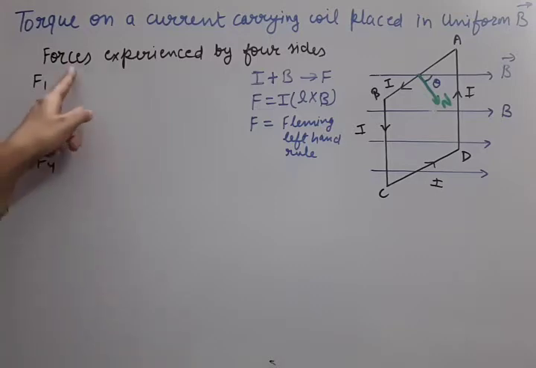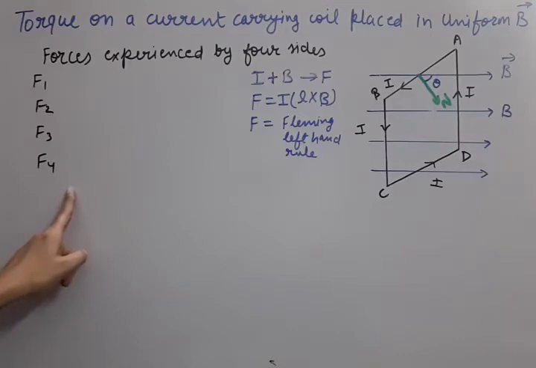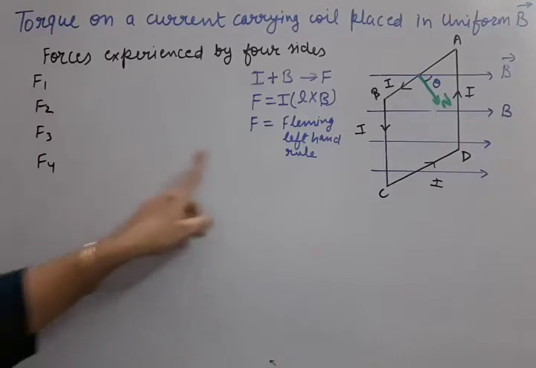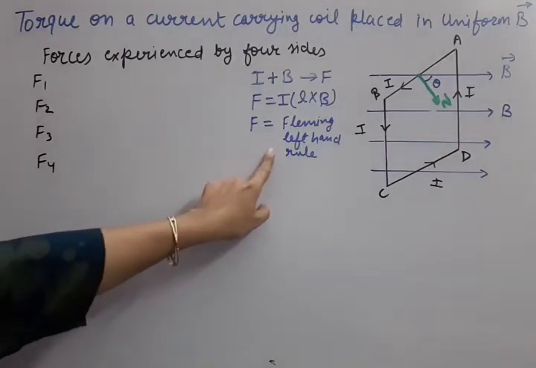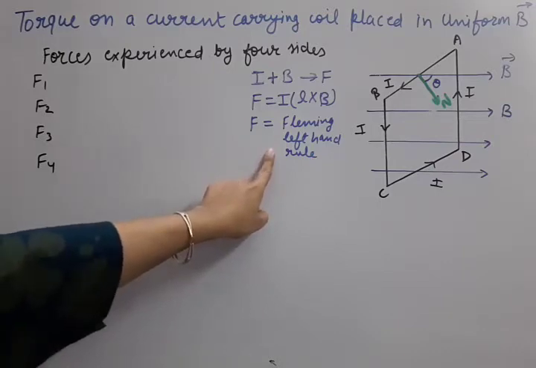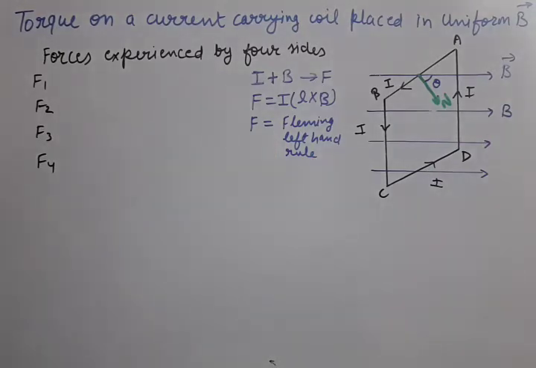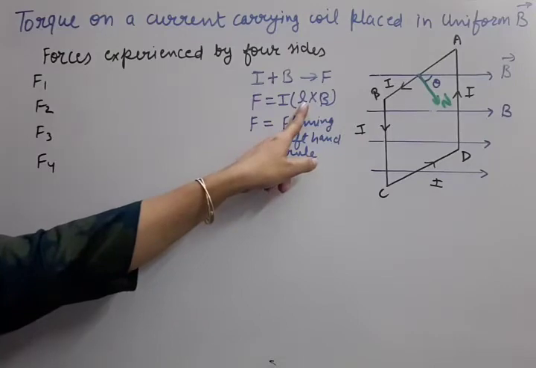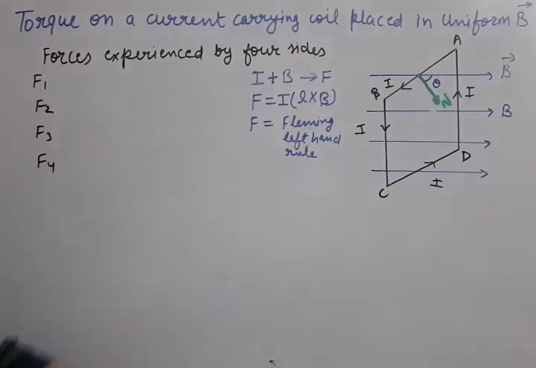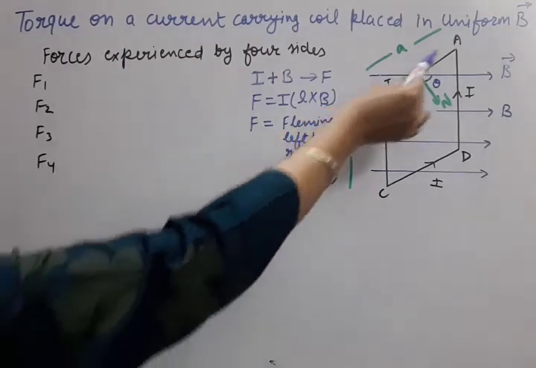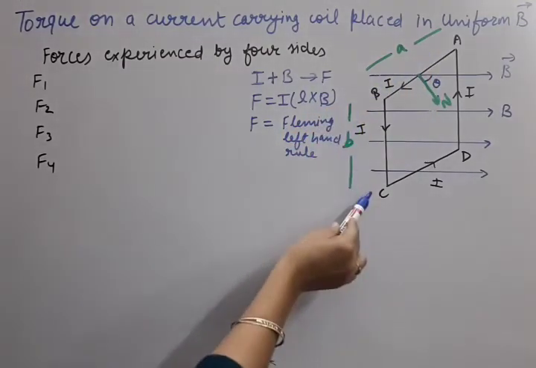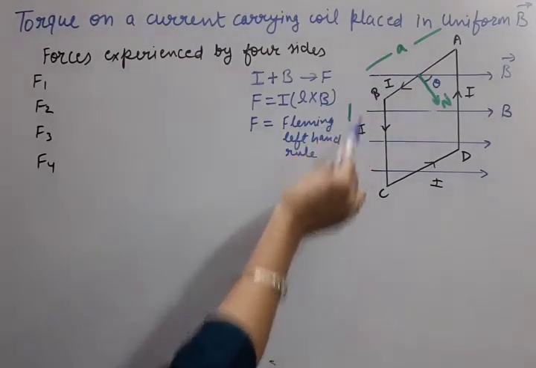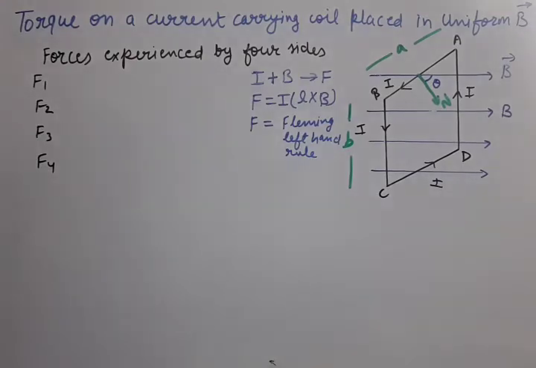Now we are going to calculate all the 4 forces and find out their directions using Fleming's left hand rule. Because we will need the length of the conductor, let us take the dimensions of the rectangular coil. Let A be the length and B be the breadth of that rectangle.